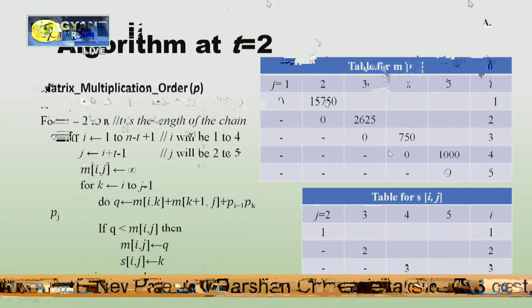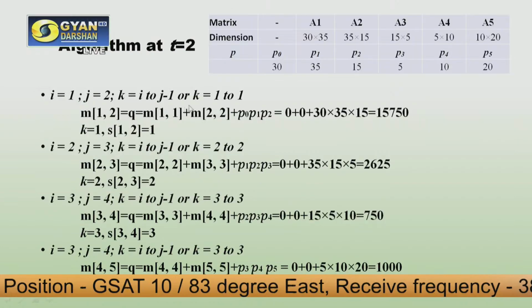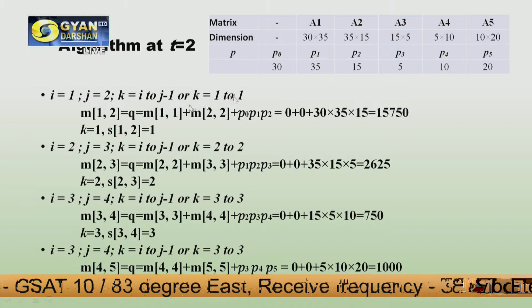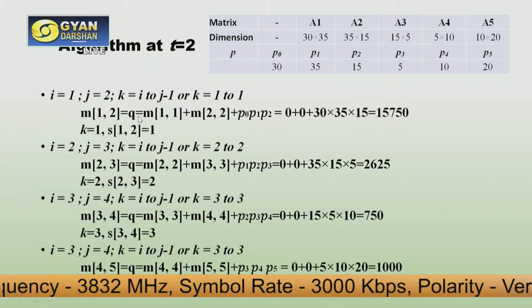So what is the value of m 1 to 2? What is the value of k? K is just 1. In this particular case, 1 to 1 means first k we are taking 1, and that is the only term in this particular case.